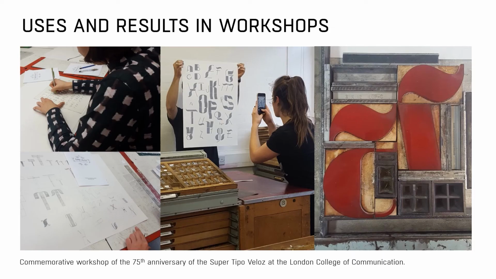The first prototypes were tested with design students at the London College of Communication to celebrate the 75th anniversary of this ingenious typeface. We held this workshop whose objective was to create a commemorative poster.